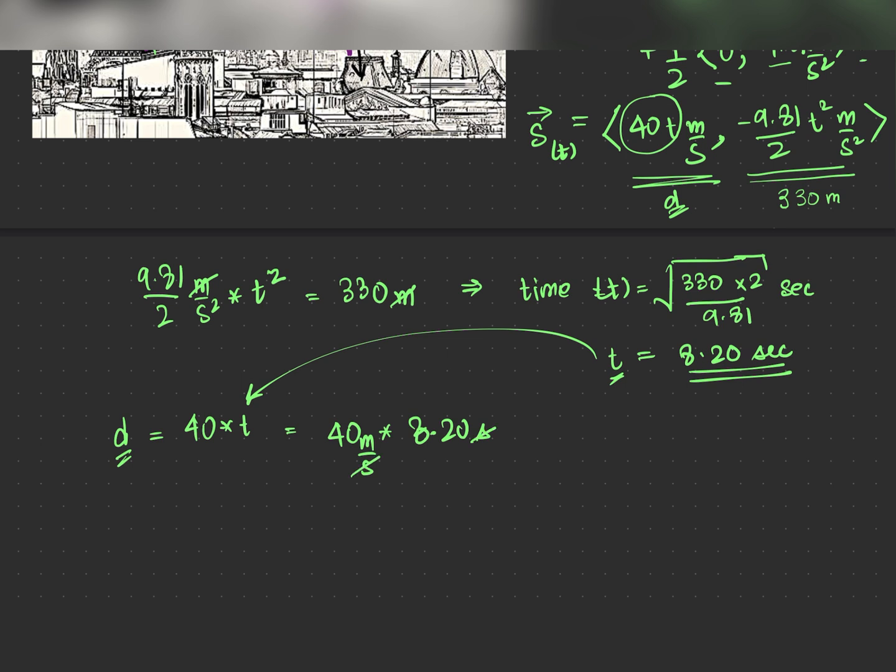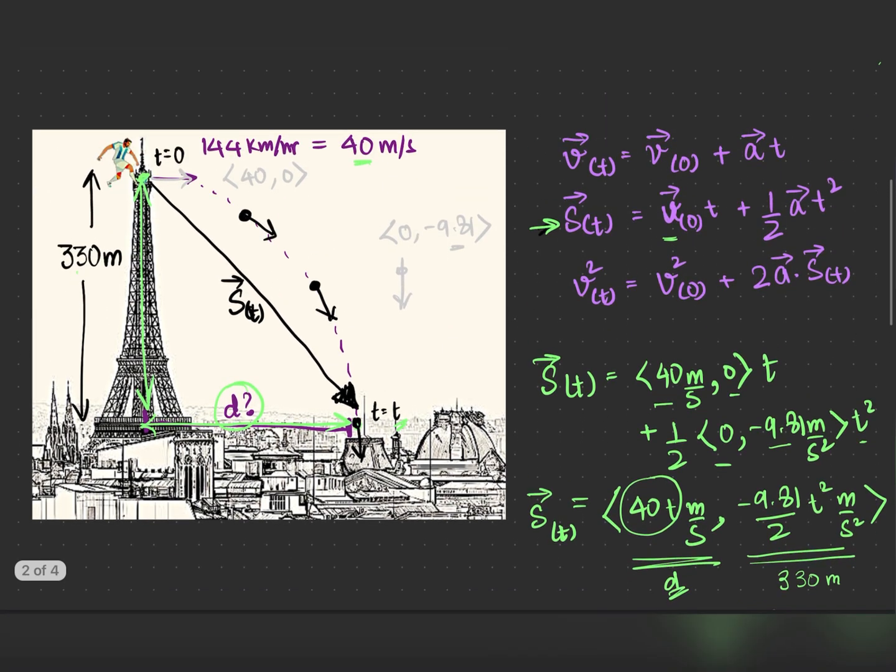And so, cancelling out the units, you are left with about 328 meters, and that's an impressive distance. It's about as tall as the Eiffel Tower.